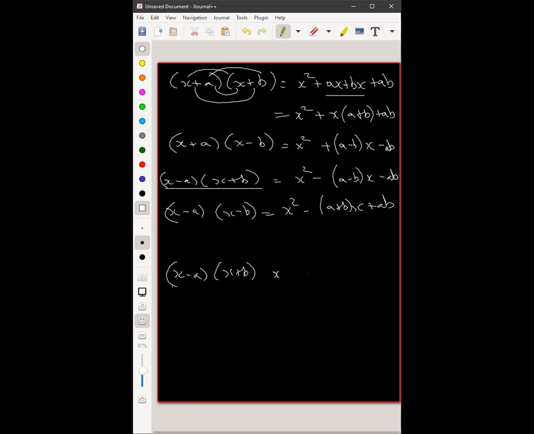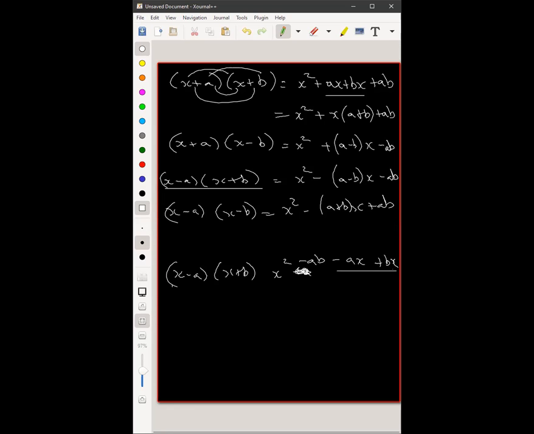I'll do x squared minus ab minus ax plus bx, right? And I'll take out these two common here.